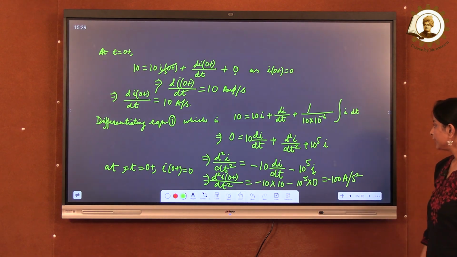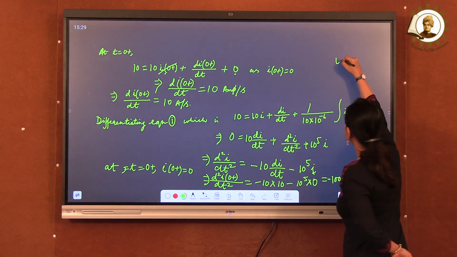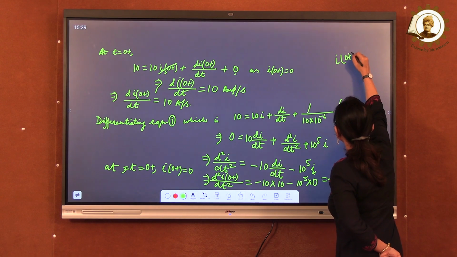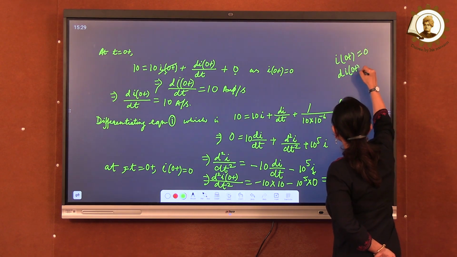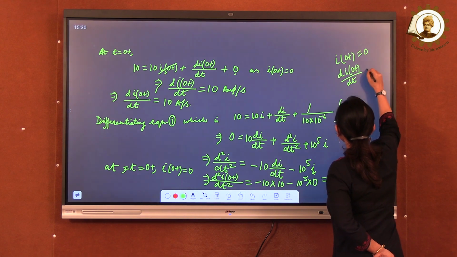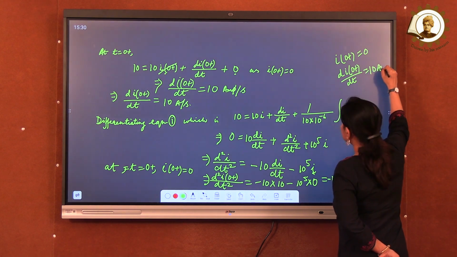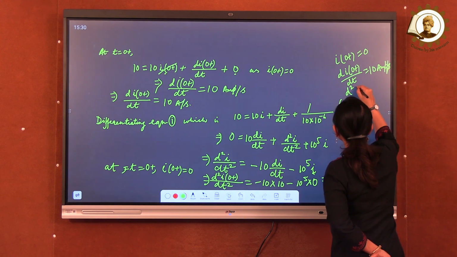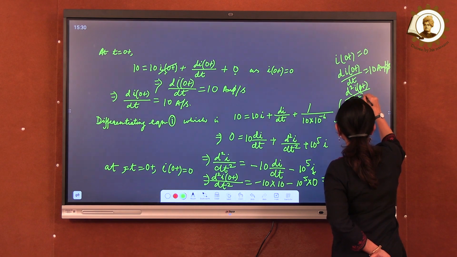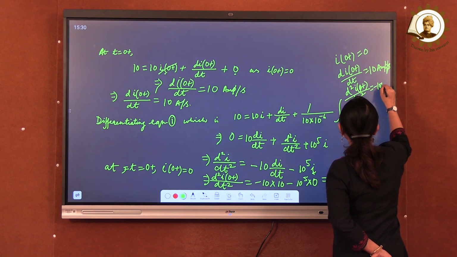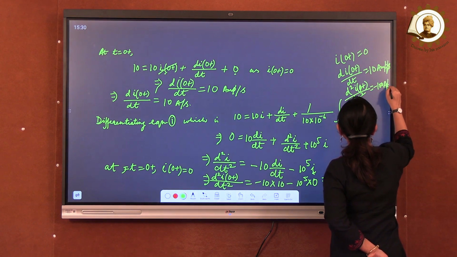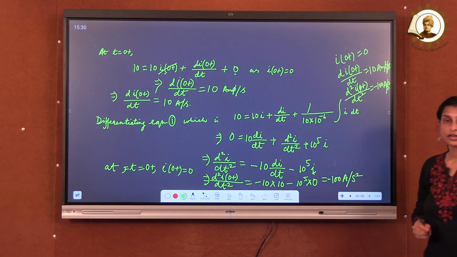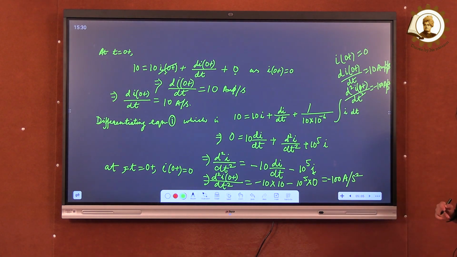So what we have obtained here: I(0+) as 0, di/dt as 10 ampere per second, and d2i/dt2 as minus 100 ampere per second square. So this is the solution of your first numerical.